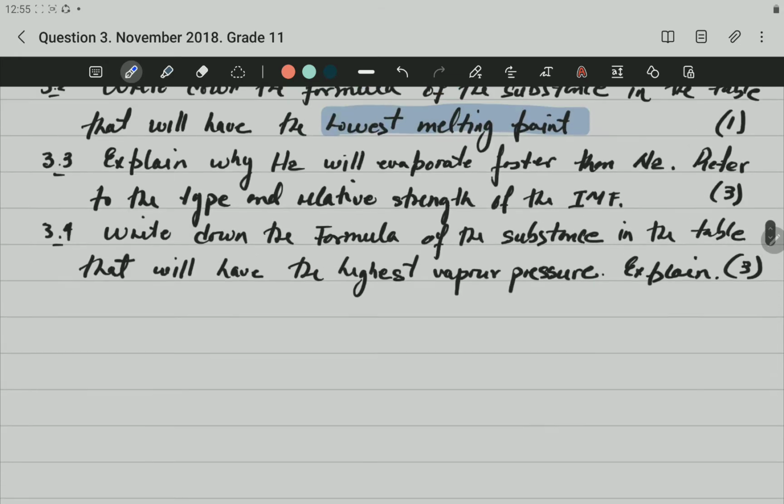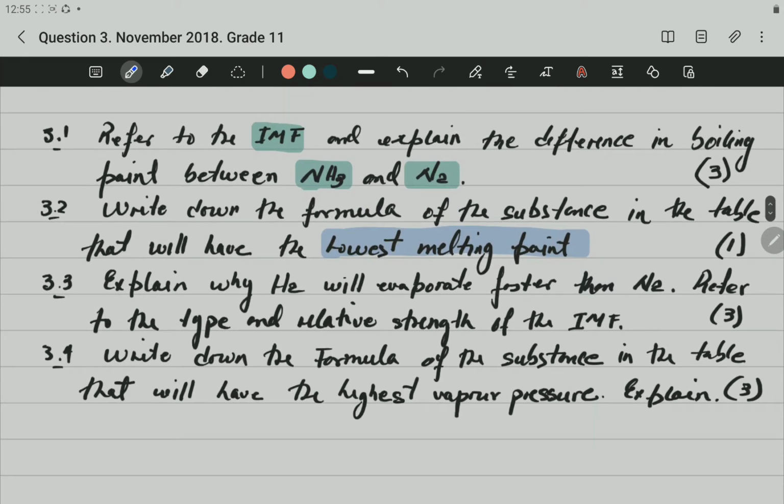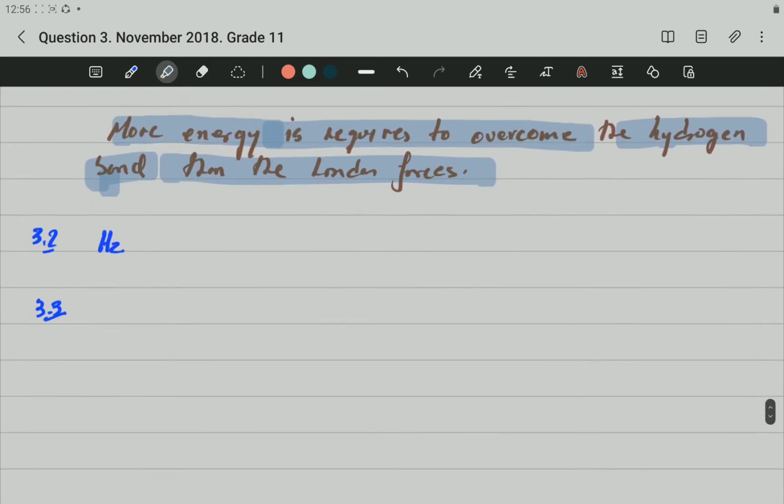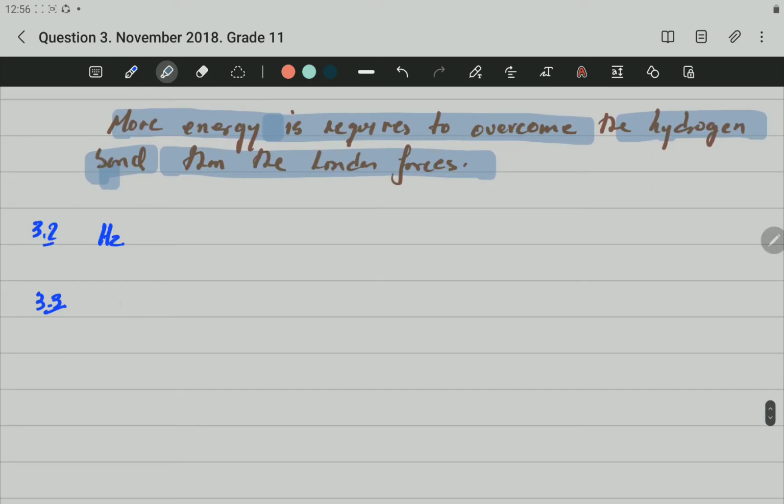Question 3.3 says explain why H2 will evaporate faster than N2. Refer to the type and relative strength of the intermolecular forces. Once more, all we have to do is identify the type of intermolecular forces. For N2, we already did it, so we are not going to redo it. N2 has London forces.